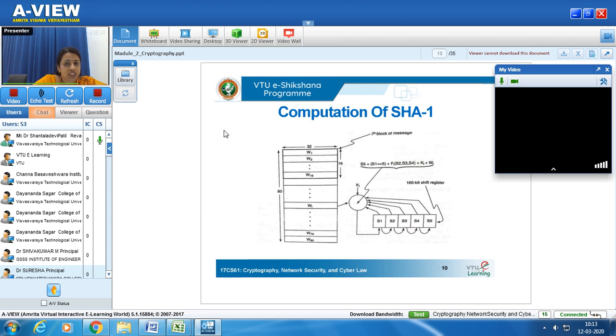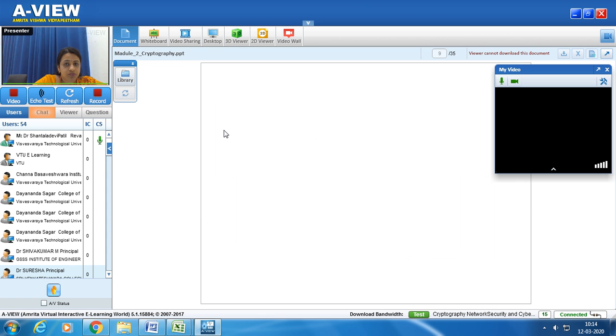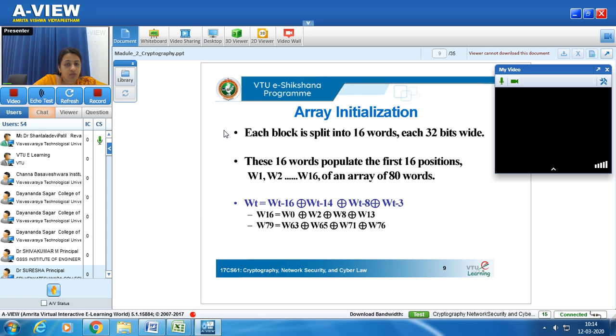Over here we can see that the first 16 words are directly obtained from the initialization vector. So W0 is already known to us because the first 16 words are known to us. The next is W2. How did we obtain this W2? Now W16 minus 14 will give us W2.